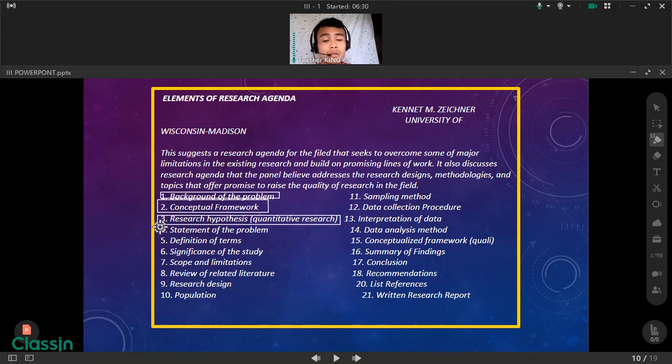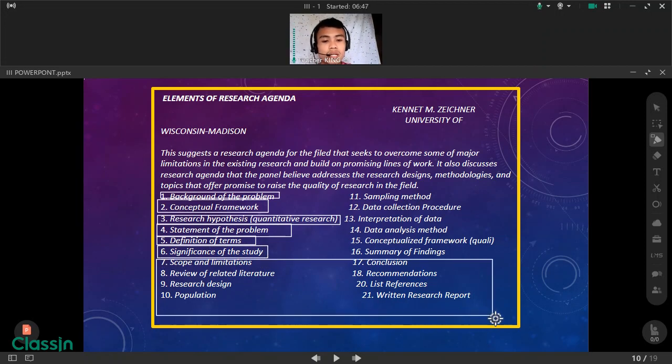Next is the statement of the problem. We have also the definition of terms that can be seen at the end of chapter 1 of your research paper. Then the significance of the study, scope and limitation, and so on and so forth. So this is the content for your research.